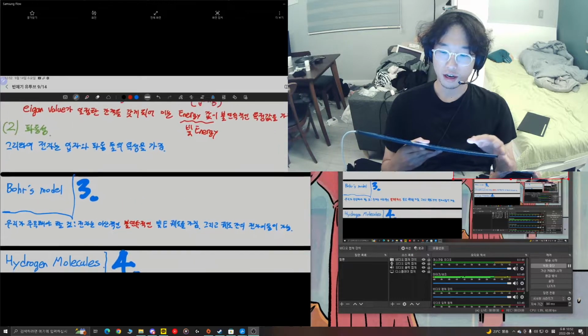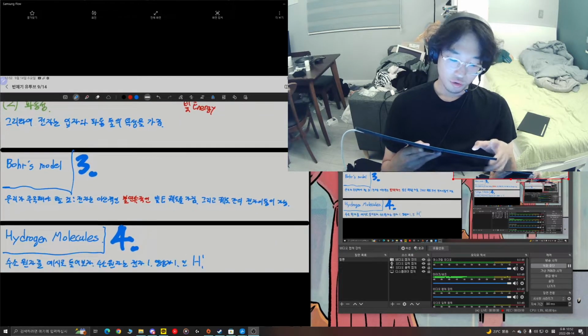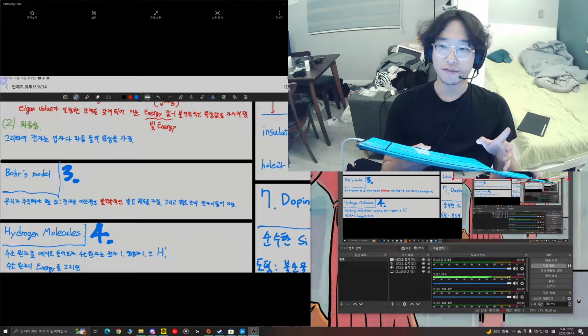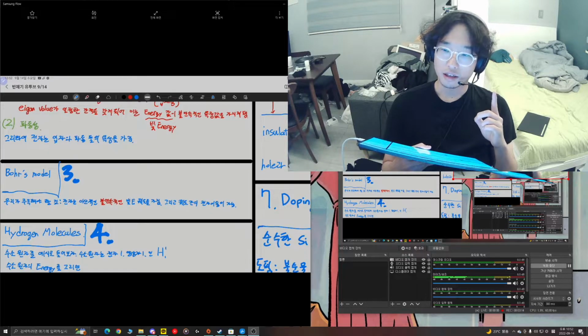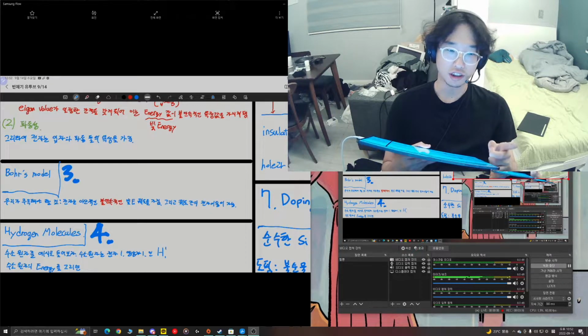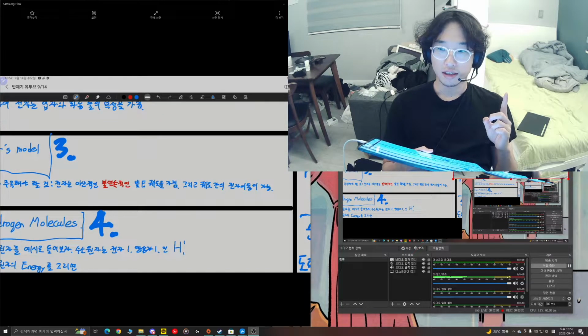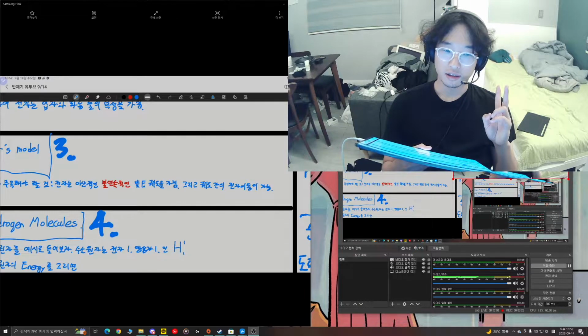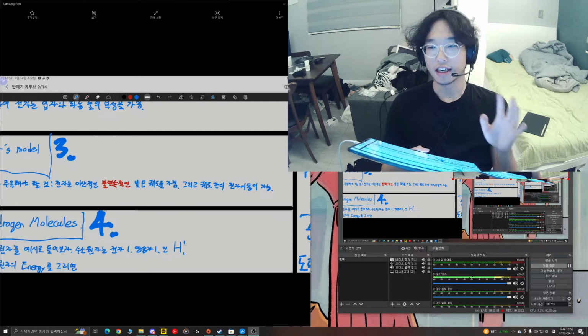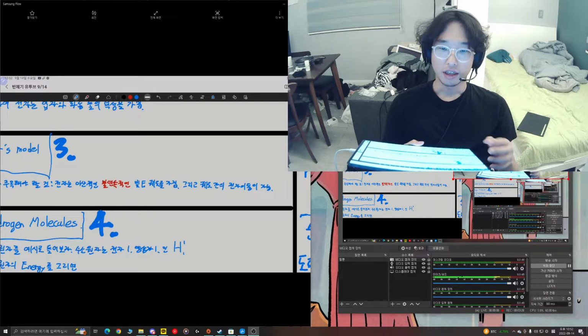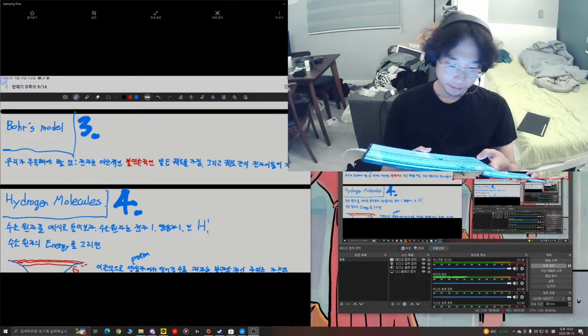So what we really have to see is the discontinuous light energy orbit, and the second thing is it can be moved by orbit when they get energy or they lose energy.